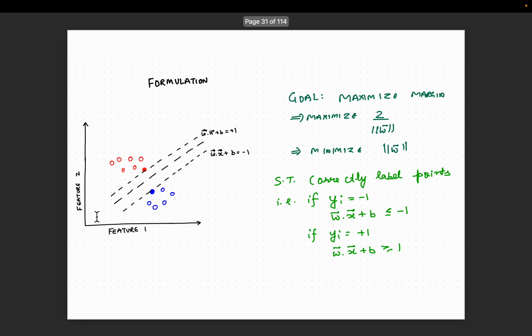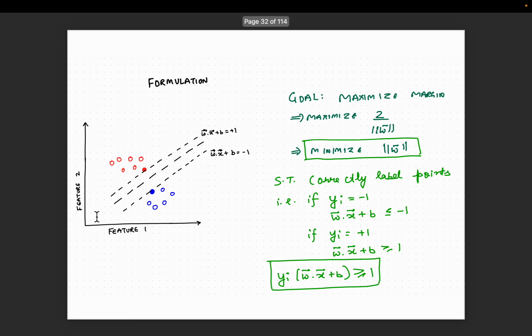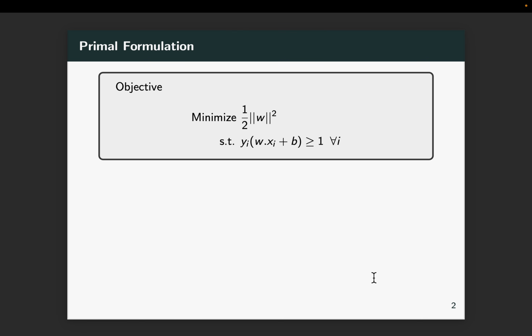So it becomes a constrained optimization problem, and we wrote this in a very succinct fashion: yi (w dot xi plus b) greater than or equal to 1, where yi is either +1 or -1. So we get this quadratic program. The objective is to minimize the magnitude of the w vector subject to inequality constraints which are linear.